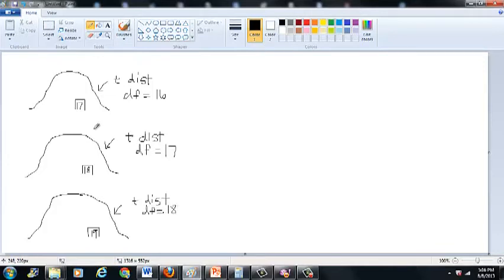Now we can look up what our critical values are if we know the degrees of freedom. Let's start by looking up the two-tailed critical values. Remember, the two-tailed critical values are the critical values that have 2.5% in each tail.